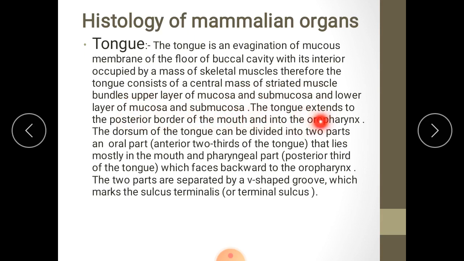The tongue extends to the posterior border of the mouth and into the oropharynx. The dorsum of the tongue can be divided into two parts: an oral part that lies mostly in the mouth and pharyngeal part, posterior 1/3 part of the tongue, which faces backward to the oropharynx. The two parts are separated by a V-shaped groove which marks the sulcus terminalis.